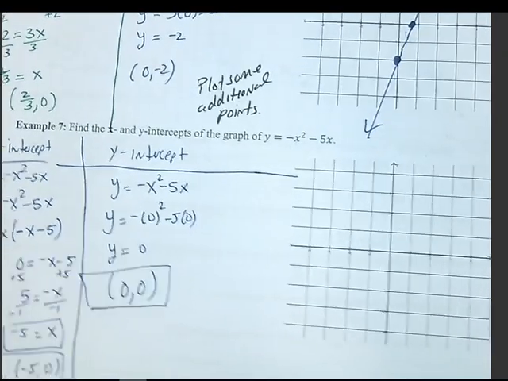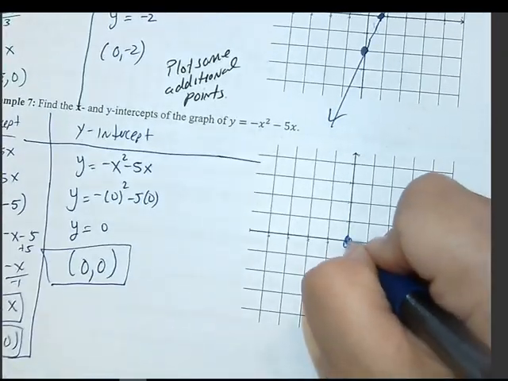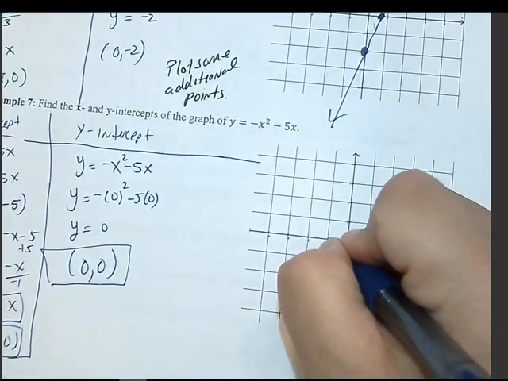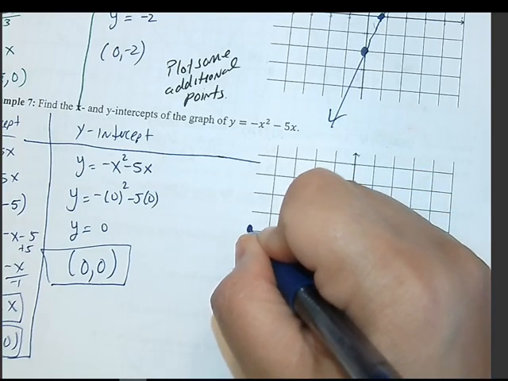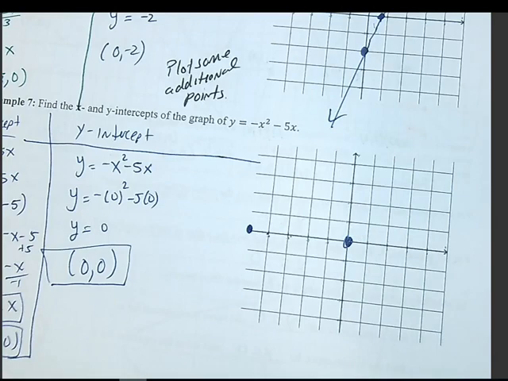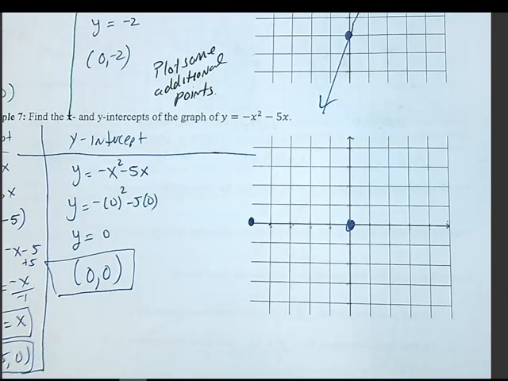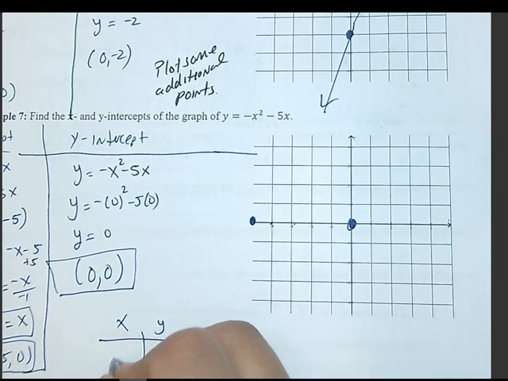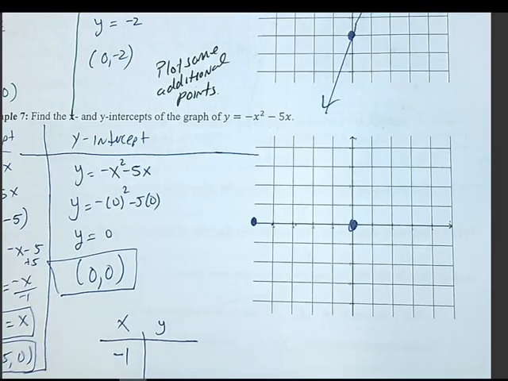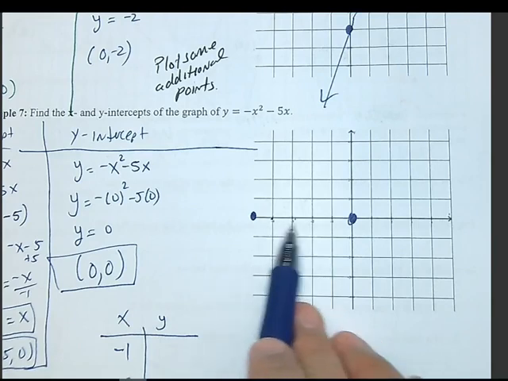So plot these points, 0, 0 and -5, 0, which is right here. And so you only get 2 points. So here we need more points to help us know what the graph is going to look like. So I want to know what happens between these 2 points.